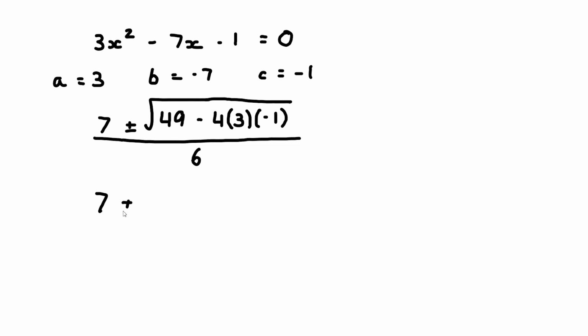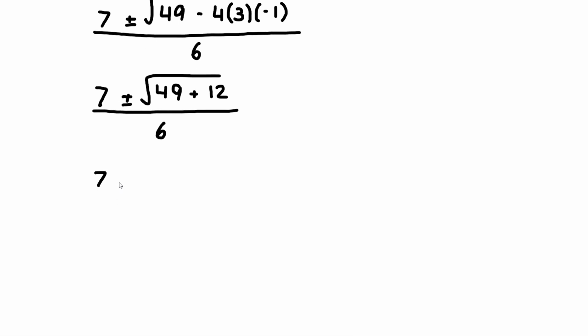Now let's simplify this part. 7 plus or minus root 49 minus, 4 times 3 is 12, times minus 1 is minus 12, and minus 12 is plus 12. So we've got 49 plus 12, all over 6.